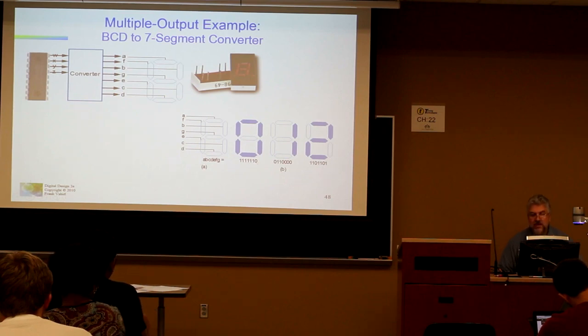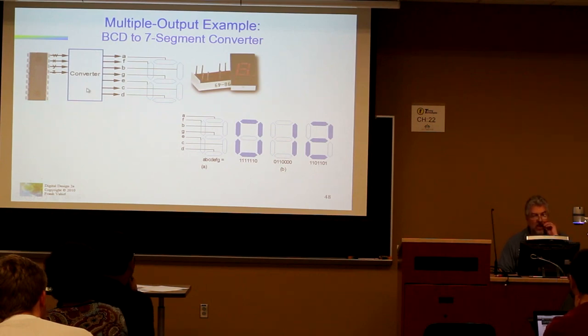So with that in mind, what sort of digital logic do we put inside of here that will convert this input number to this converter? It would probably be helpful to know this is WXYZ.